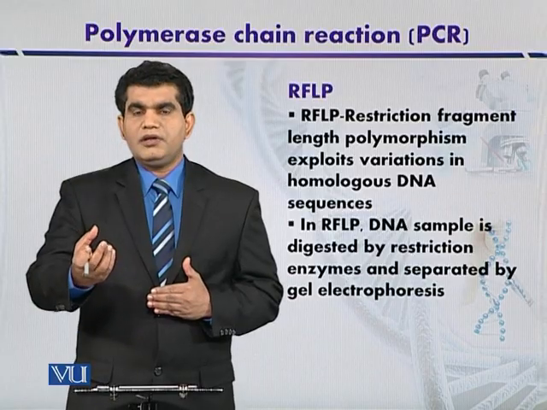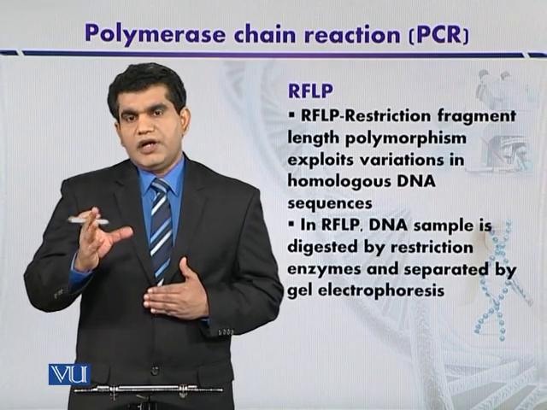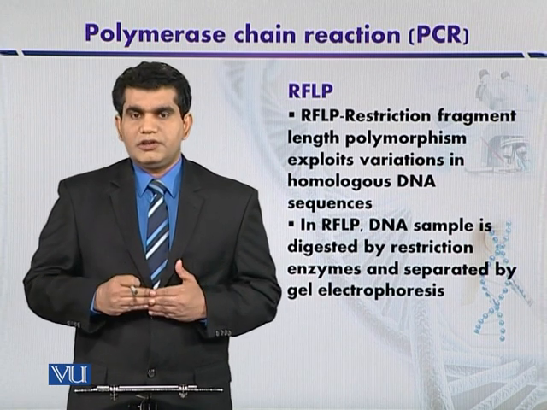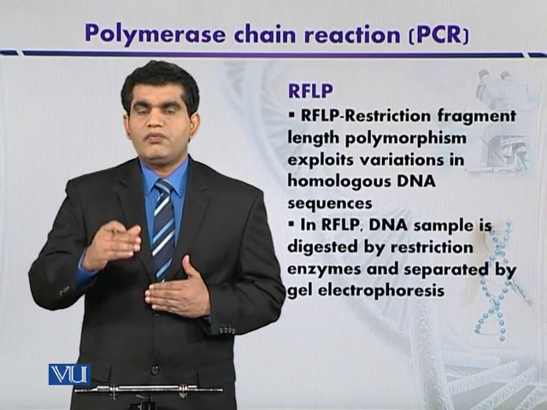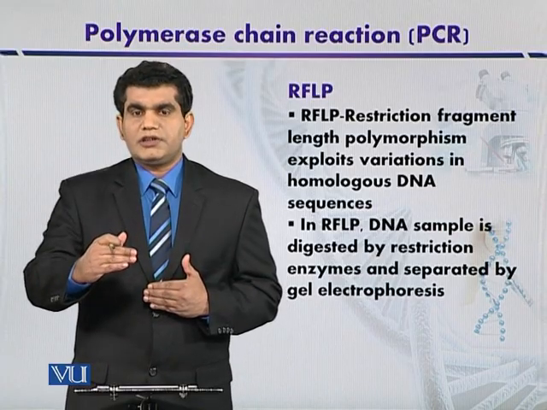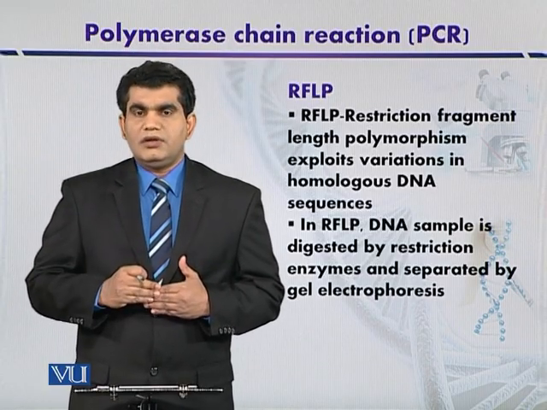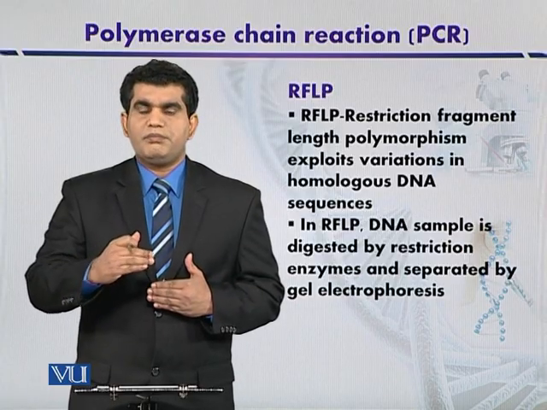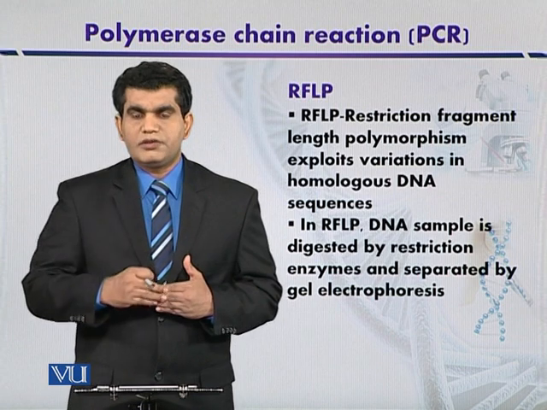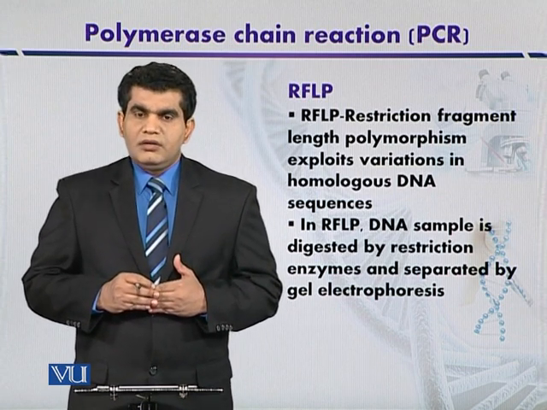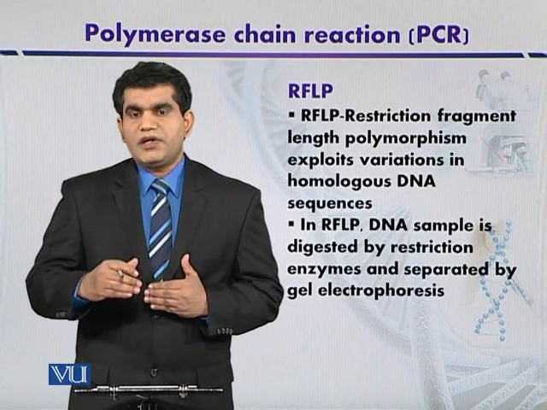For example, if we have extracted the human genome, after extraction if we digest it with a particular restriction enzyme, like EcoR1 or BamH1, then as a result of that digestion small fragments of DNA will be formed, and those fragments we can later separate on gel electrophoresis. So depending upon the length of the DNA fragments, we will get a particular banding pattern. On the basis of length, DNA fragments will be resolved or separated on the gel. Now, we want to know whether human individuals show different restriction patterns.